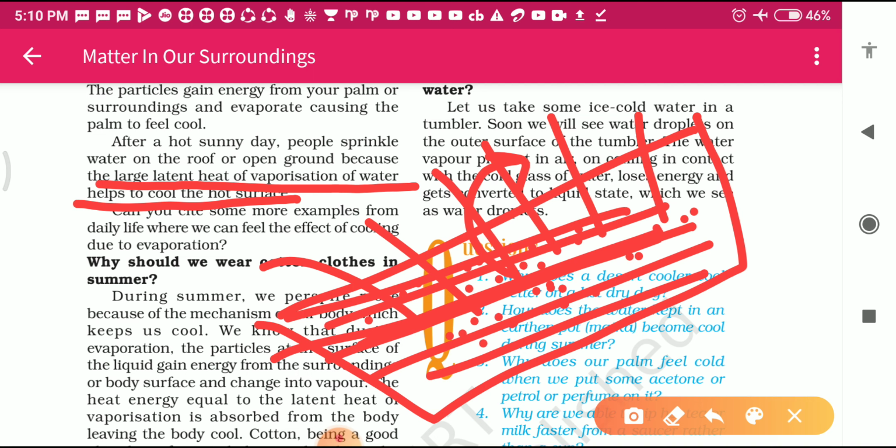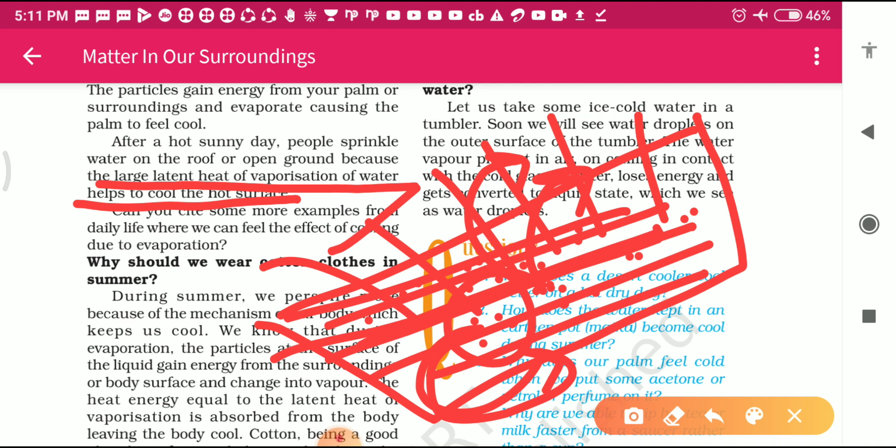How? Because for vaporization, it takes the latent heat from the surface, and this latent heat helps in the conversion of this water into water vapors. That's why when we sprinkle water on the roof or open ground, you feel the area becomes cool. How is water evaporated? How is water converted into vapor?